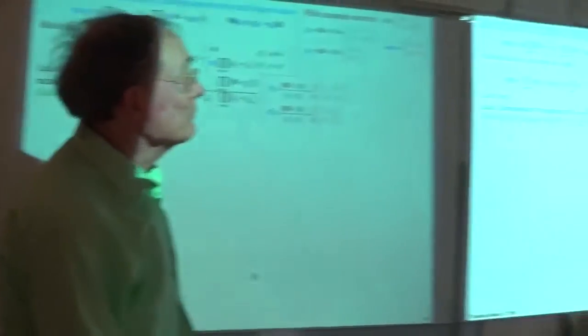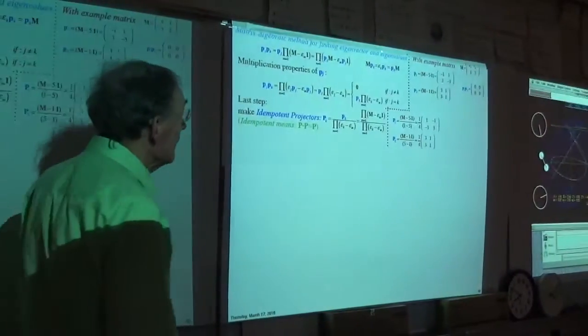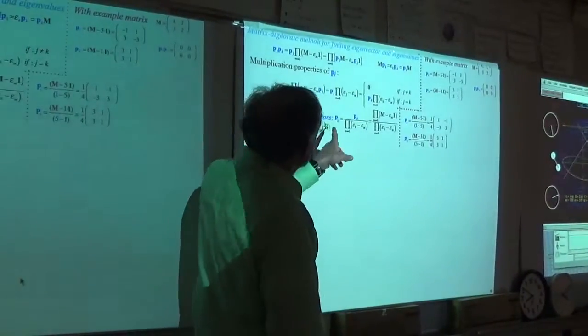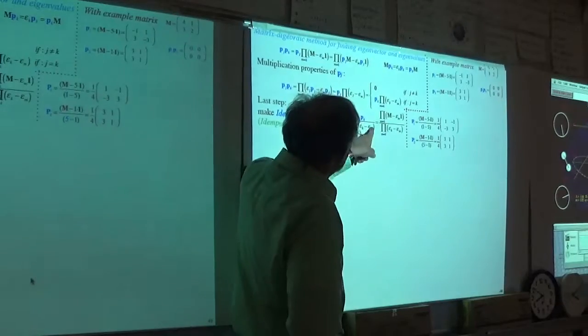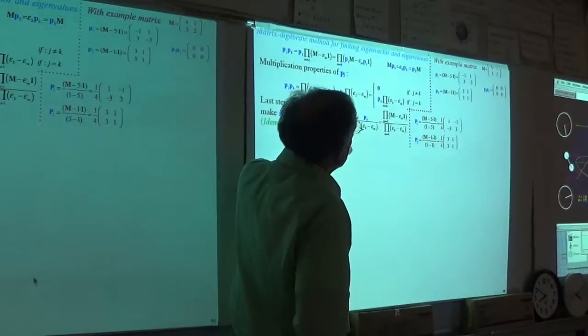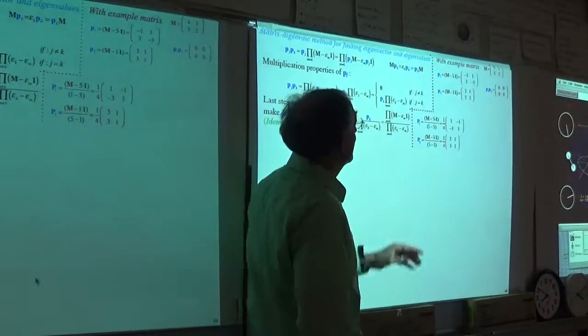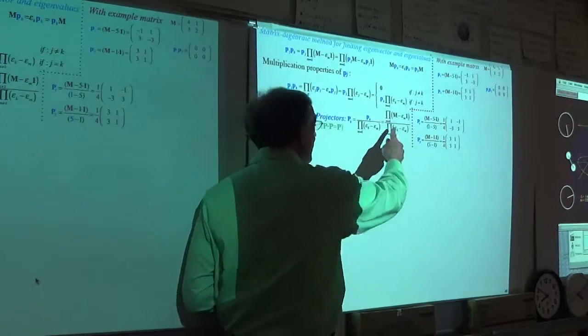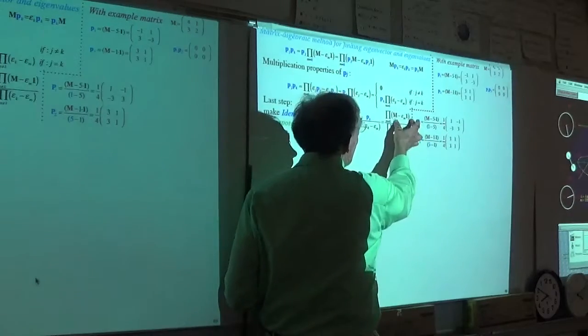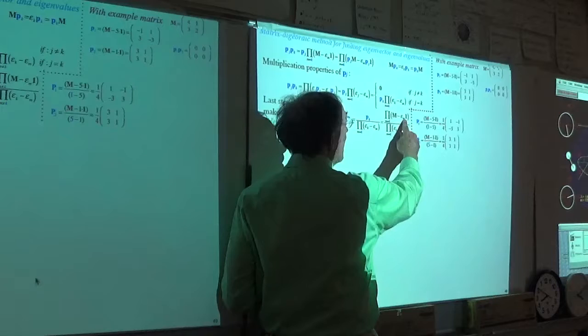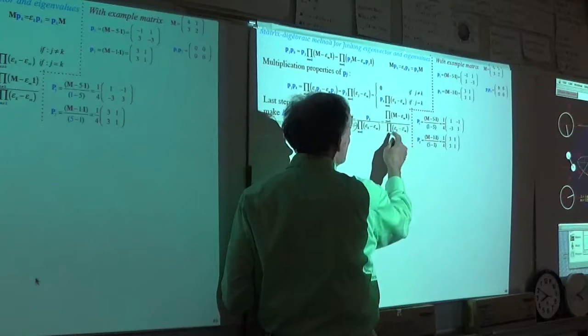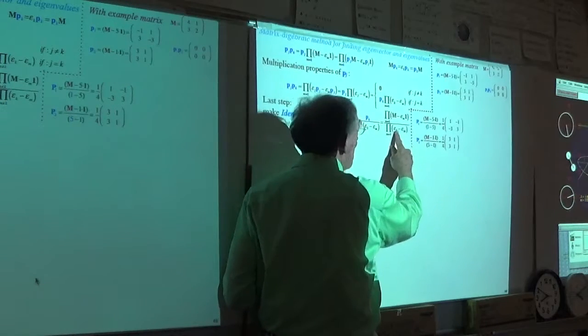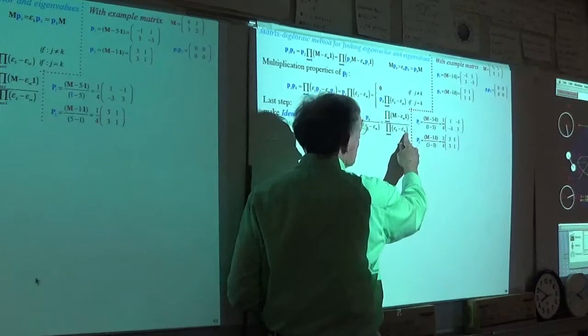Idempotent means P times P is P. Right? So the basic idea is that by sticking this thing in the denominator, I get a great big P, which looks like this. And this is a real easy formula to remember. It's a matrix minus eigenvalues, just like what we had, except for the m equal k. And then this is the epsilon k minus all the other eigenvalues.